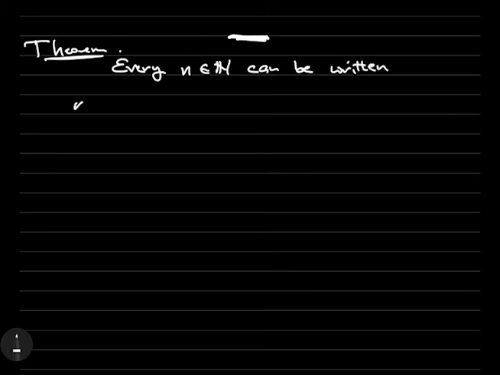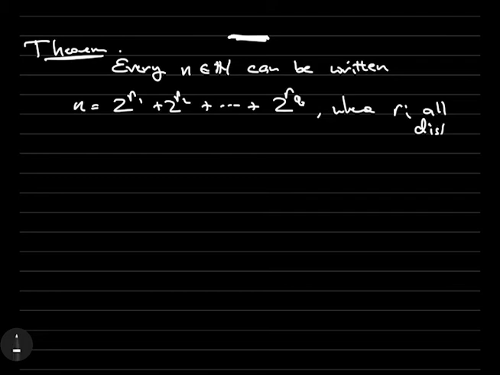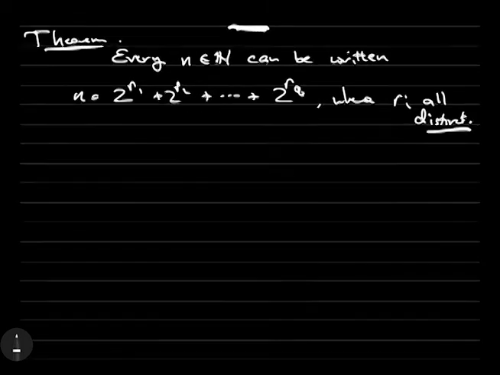In fact, we can always reorder these and use the convention that the ri's are a strictly decreasing sequence. So r1 is greater than r2, greater than r3, and so forth. Note that what this is really saying is that every natural number has a binary expansion. We simply put a 1 wherever a particular power of 2 appears, and a 0 where it doesn't. Now let us prove the theorem.